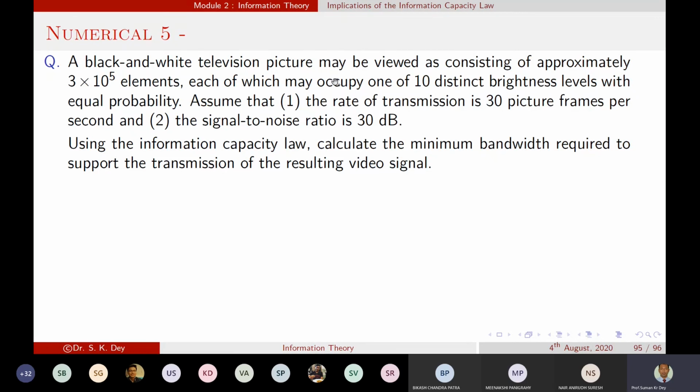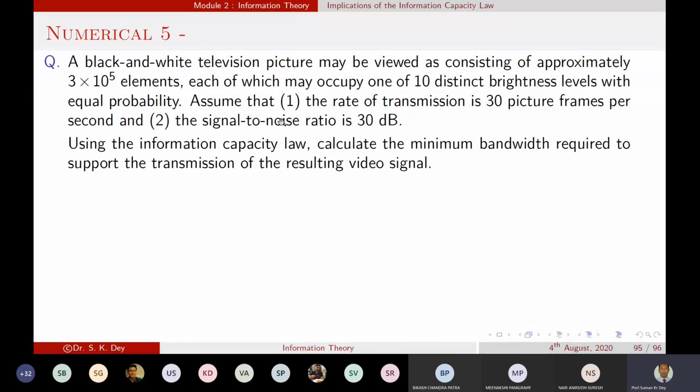A black and white television picture may be viewed as consisting of approximately this number of elements, each of which may occupy one of 10 distinct brightness levels with equal probability.